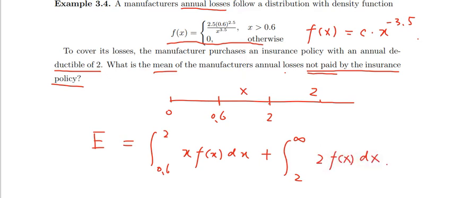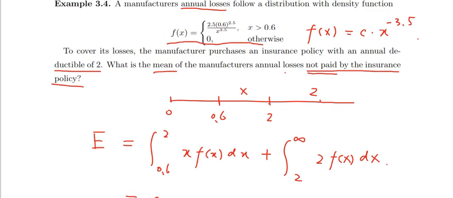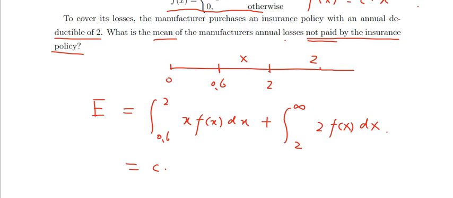Since f(x) is a constant times x to the negative 3.5, the first integrand becomes x to the negative 2.5 dx.